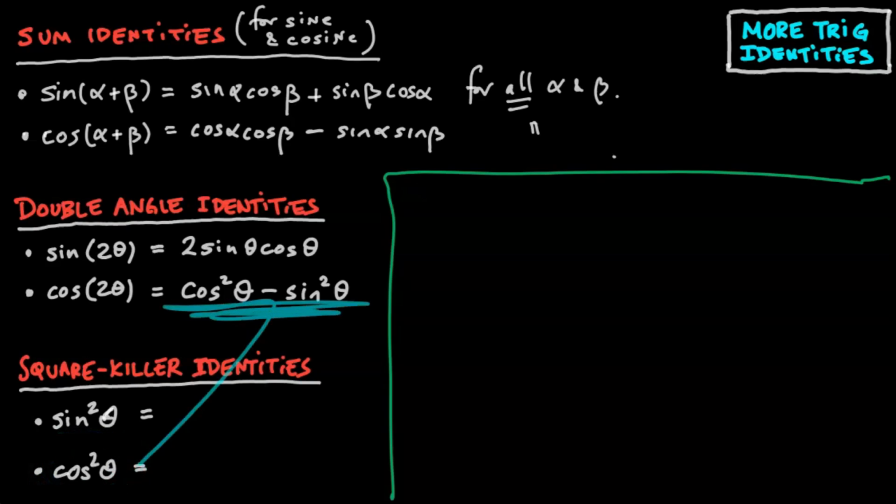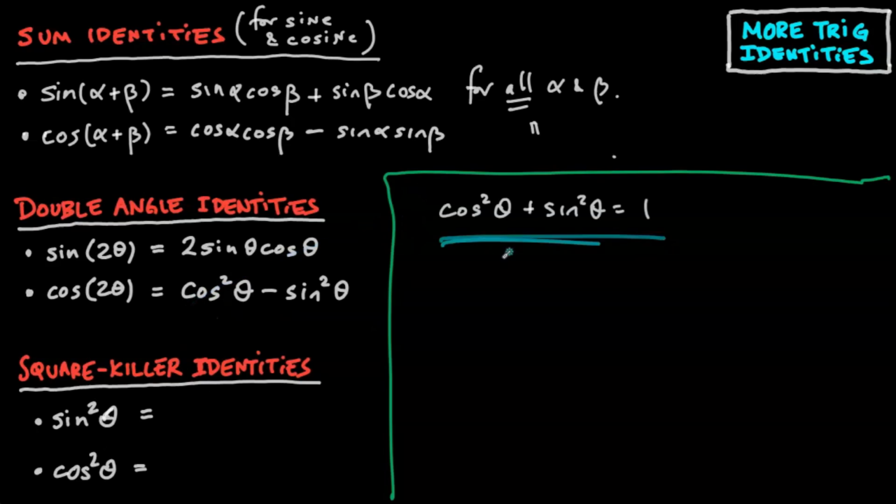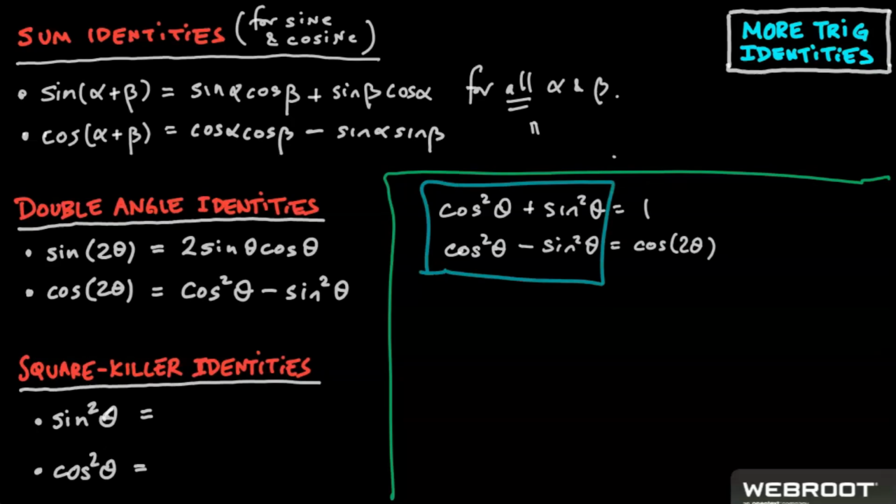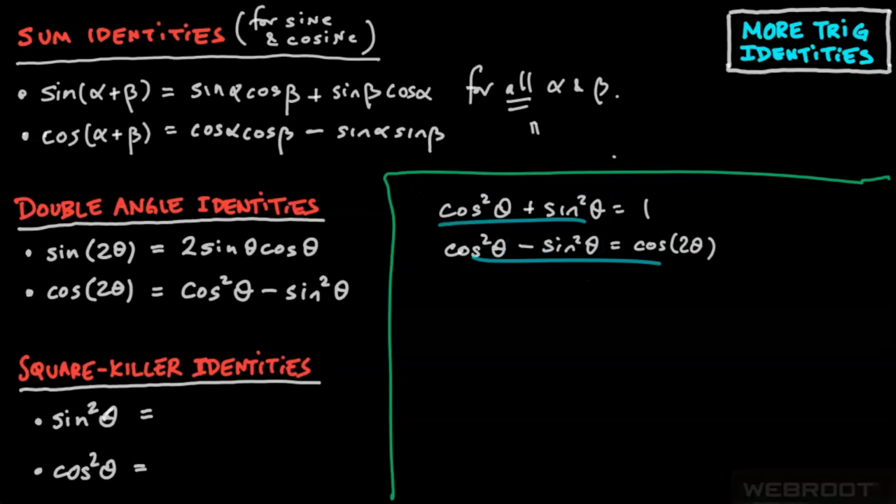We're staring at one of them, the double angle identity for cosine, and the other is the one that this reminds us of, the Pythagorean identity. Let's just write them both down. Here's the Pythagorean identity, cosine squared plus sine squared is 1, and here's the double angle identity for cosine, where I've swapped the 2 sides to line up the matching or almost matching parts of our identities.